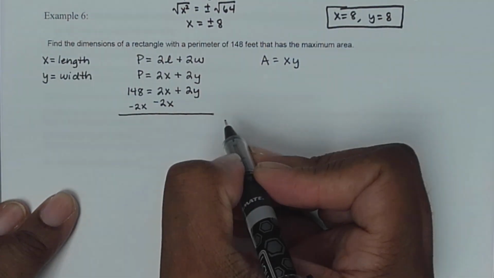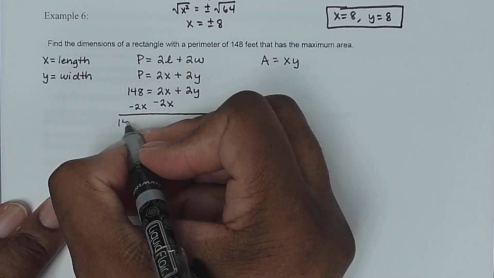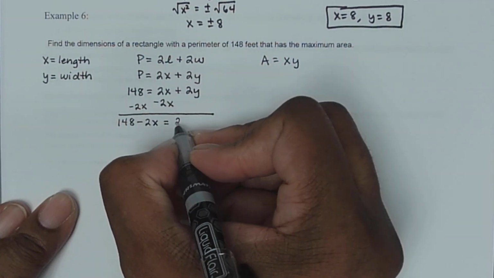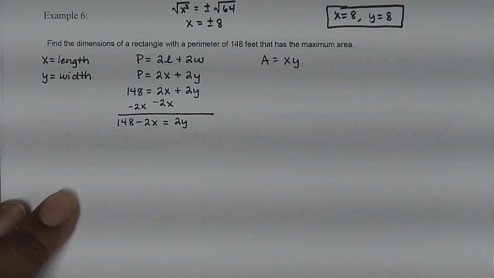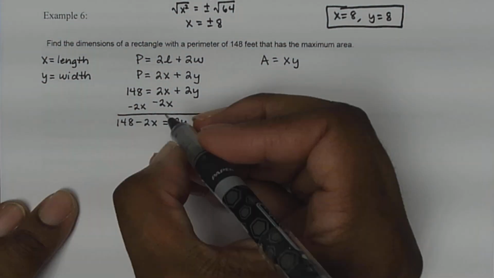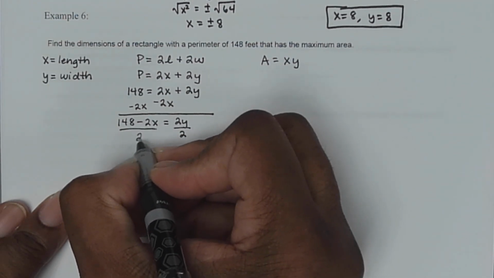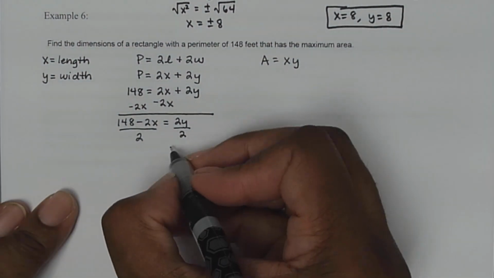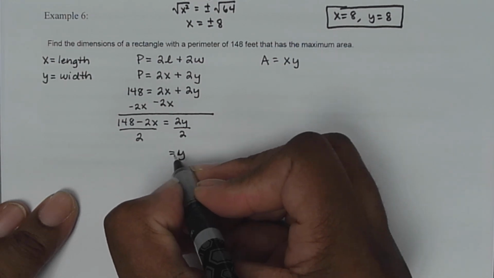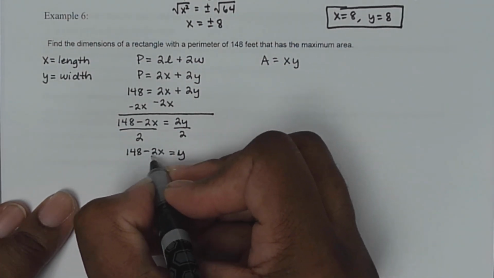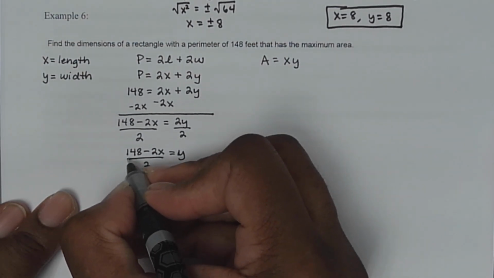So if I subtract 2x, that will mean I'll have 148 minus 2x equals 2y. And then to get y by itself, I'm multiplying it by 2, so I need to divide both sides by 2. That would mean y is equal to 148 minus 2x over 2.